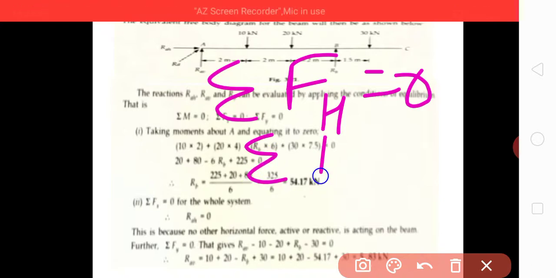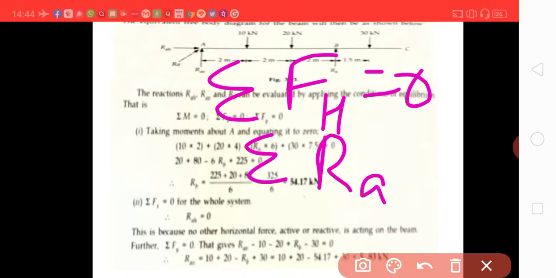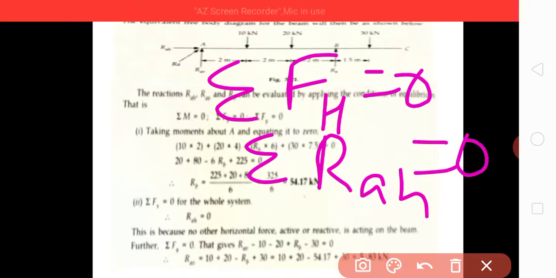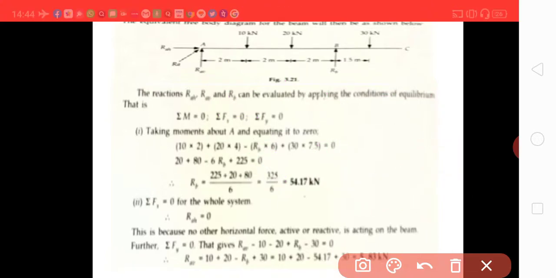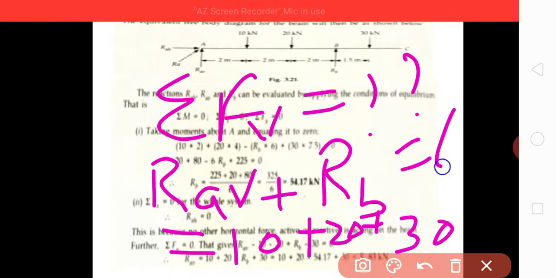Implies that RA horizontal will be 0. Now to find summation F vertical, RA vertical plus RB equal to 10 plus 20 plus 30 equal to 60. This is your first equation.